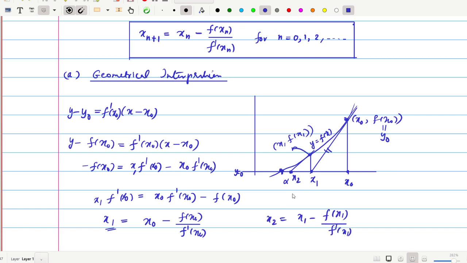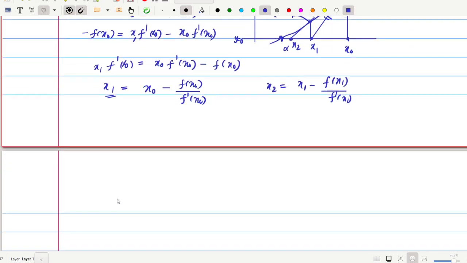We can generalize this formula as x n plus 1 is equal to x n minus f of x n divided by f dash of x n. This is the geometrical interpretation of the Newton-Raphson method. When you repeat this process, the values x1, x2 converge to the actual solution, which gives the real solution of the equation f of x equal to 0.